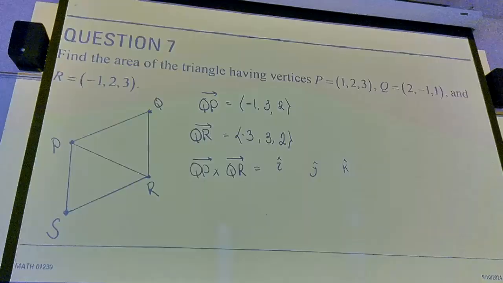There's the first row. Second row is the first vector. Third row is the second vector. You want to write in component form.